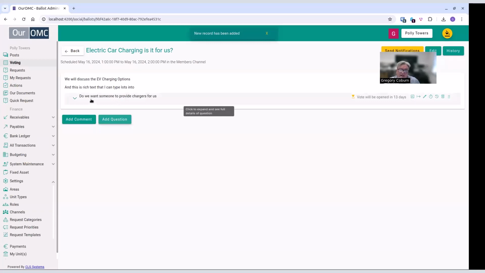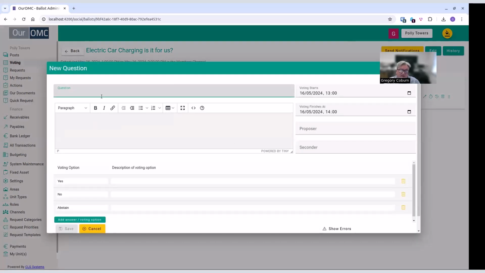Okay. And let's say we want to add another question on there and to say private parking spots. Would you be interested in having a charge point available at your private spot?